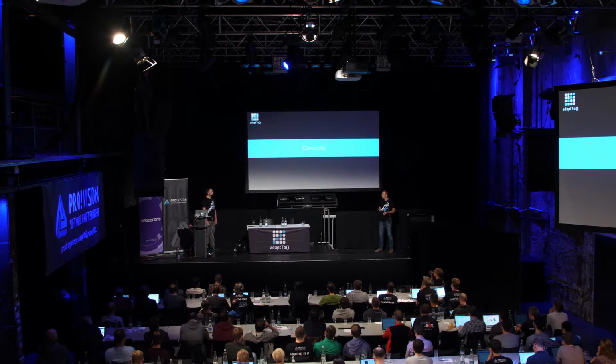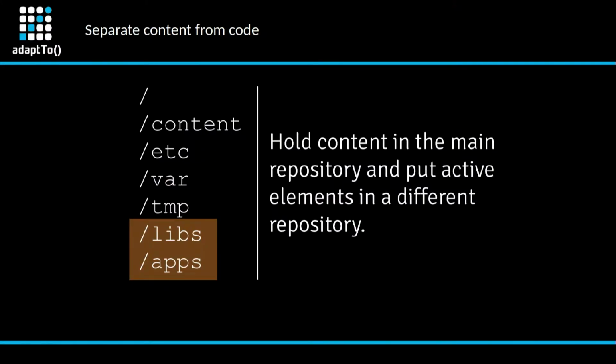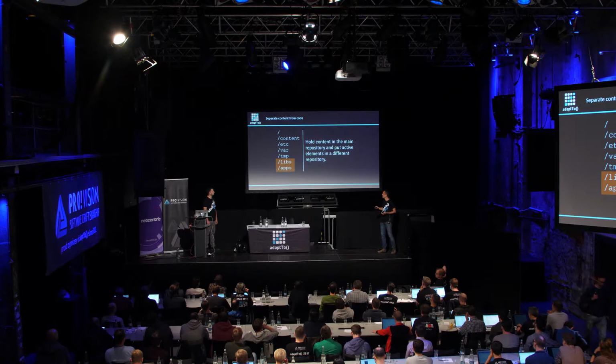And to do that, we're going to reuse a familiar naming pattern. You just saw it a bit earlier. Oh, no, sorry. This is a new slide. I forgot about this one. So our solution is basically keep everything in the repository. Don't do any architectural changes to the way we build and architect applications, but instead take libs and apps, which are by default the locations for active content in Sling, OSGi bundles, configurations, and put them in a different repository.